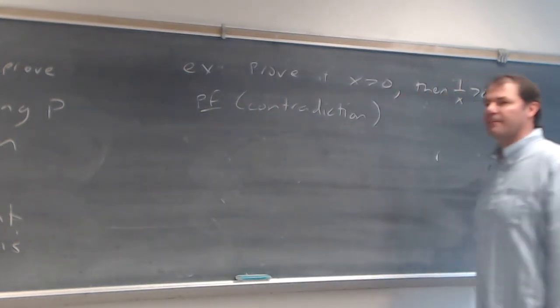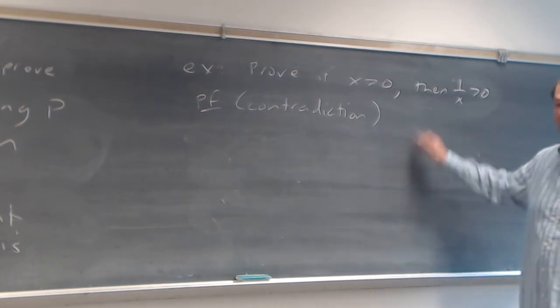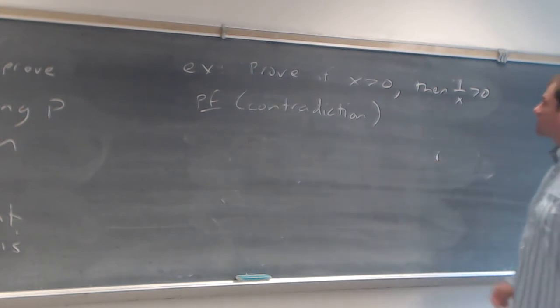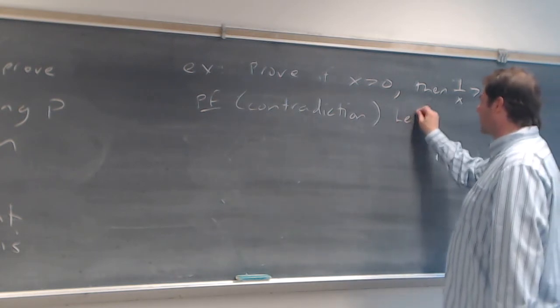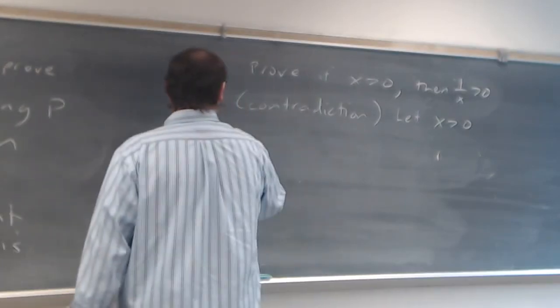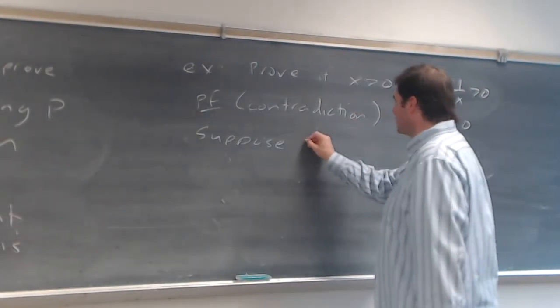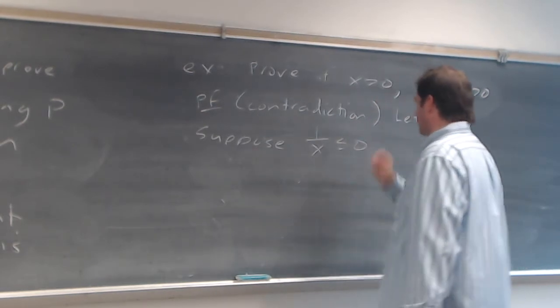It's always good to let people know what you're doing here, so it's easier to follow your logic. So here we're going to let x be greater than 0. We're going to suppose the opposite of 1 over x being greater than 0, that is that 1 over x is less than or equal to 0.